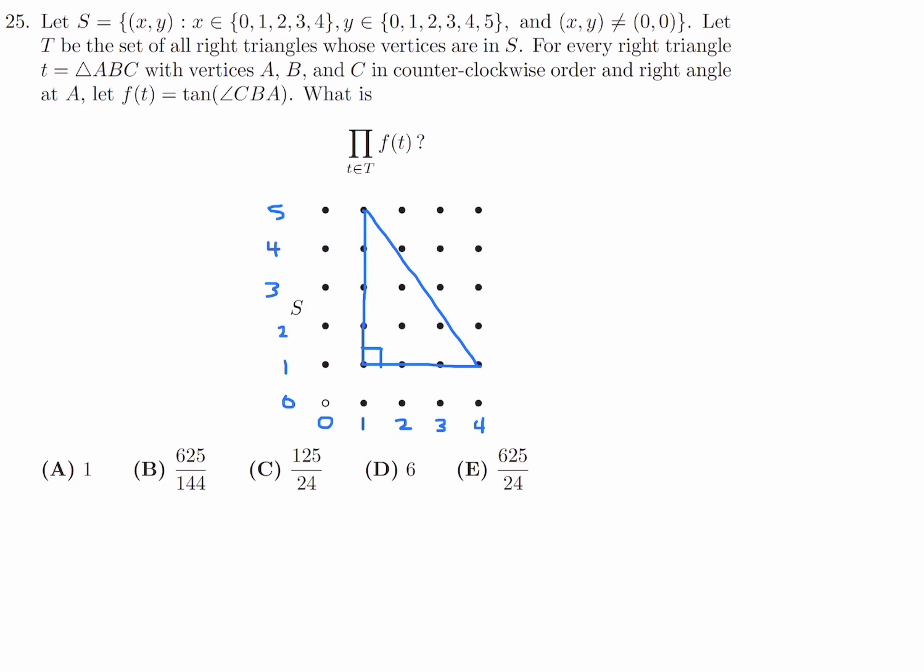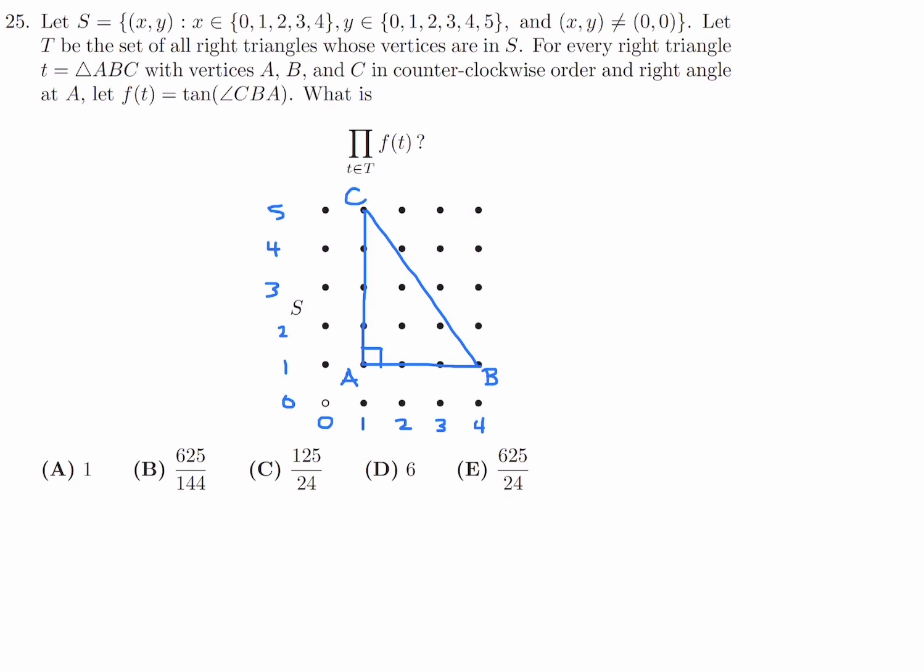Then that becomes a triangle with vertices A, B, C, and the right angle is at A. Let me do that again. So A, B, C. All right, so I'm trying to understand this question.